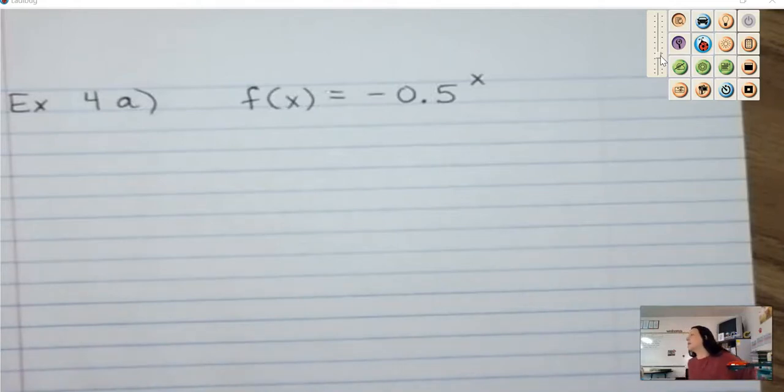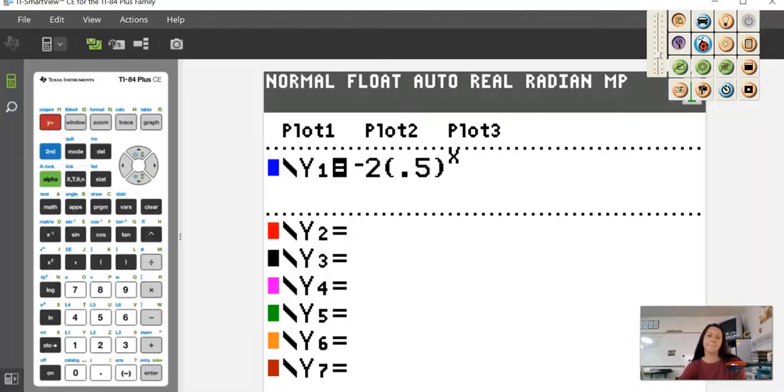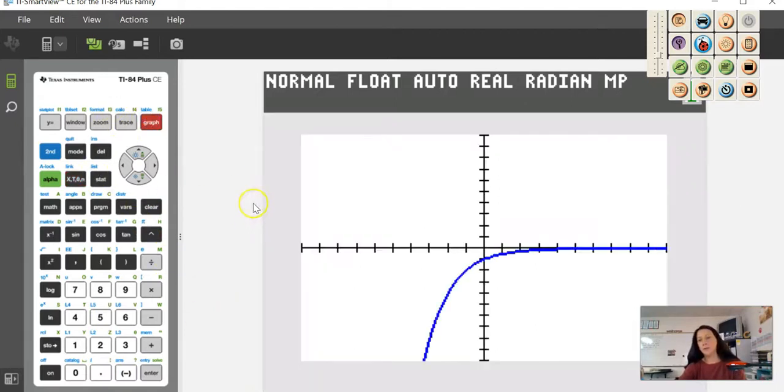So get your graphing calculator or get Desmos. And when you graph it, it should look like this.